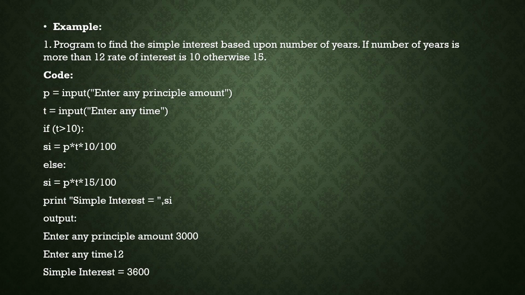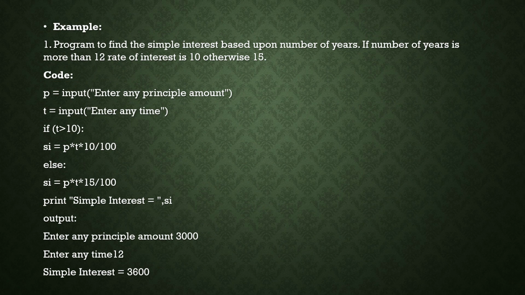Next, here one example is given. See, program to find the simple interest based upon number of years. If number of years is more than 12, rate of interest is 10, otherwise 15. See here, simple interest we have to calculate.